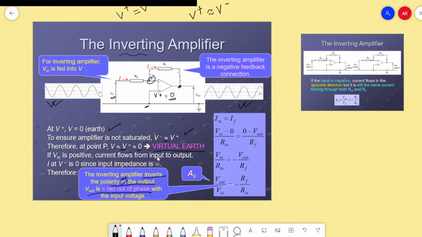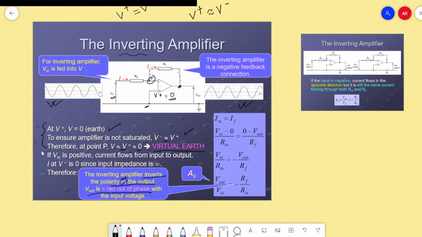So it is actually not earthed, but it is called virtual earth, just to be the same as the voltage at the non-inverting end, very much similar, so that the op-amp does not get saturated. Is this clear, sir? So this is the answer to the question, why P is known as virtual earth.